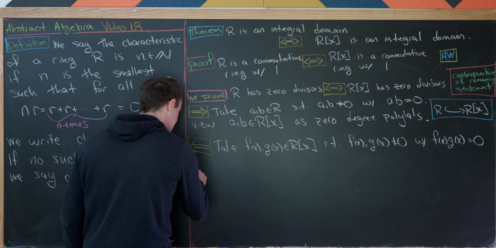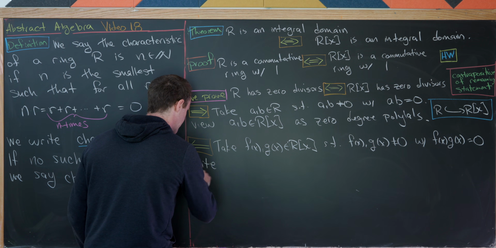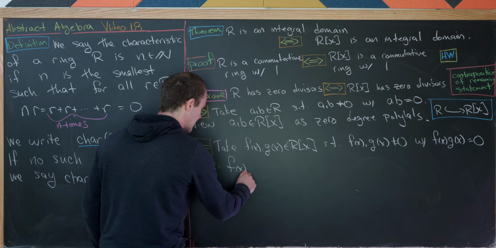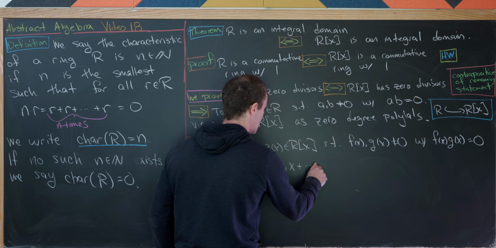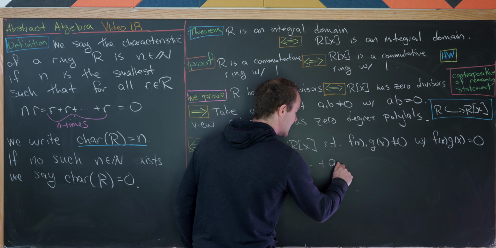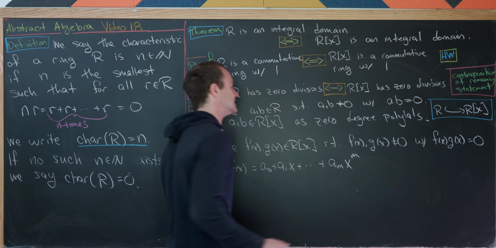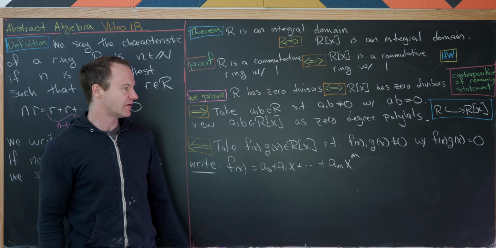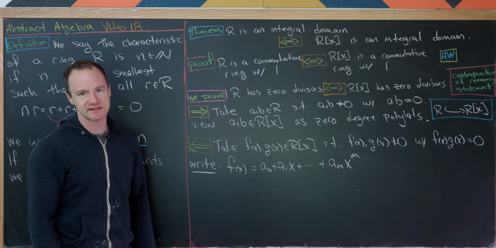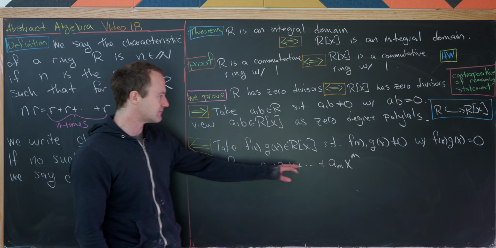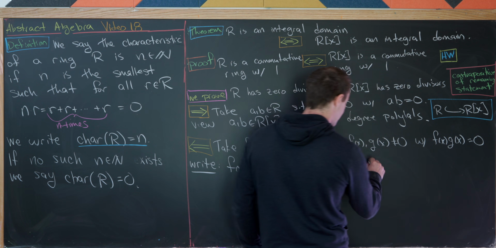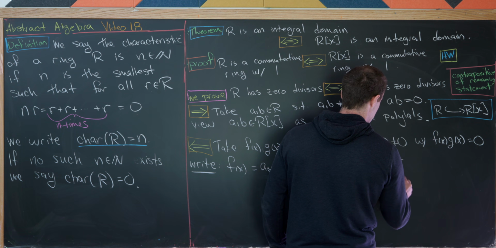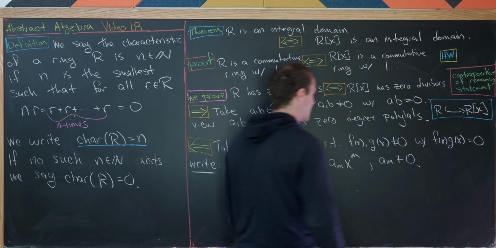And then next, let's write those polynomials out. Let's write f of x equals a0 plus a1 times x all the way up to am times x to the m. Since f of x and g of x are both not 0, it doesn't make sense to stop this at a 0 term. So we can follow this up with the assumption that am is non-zero.